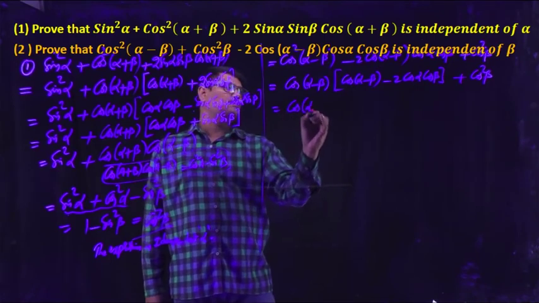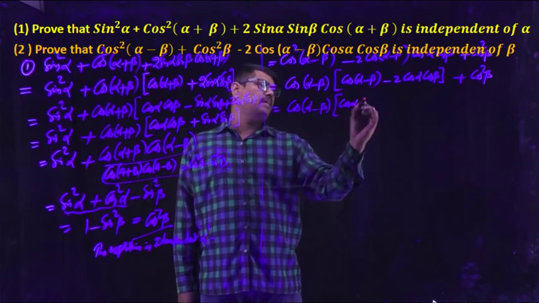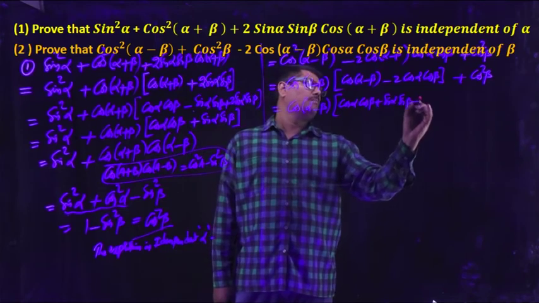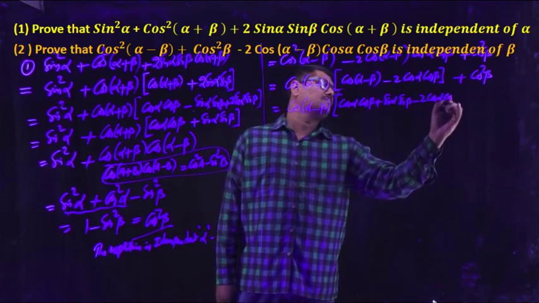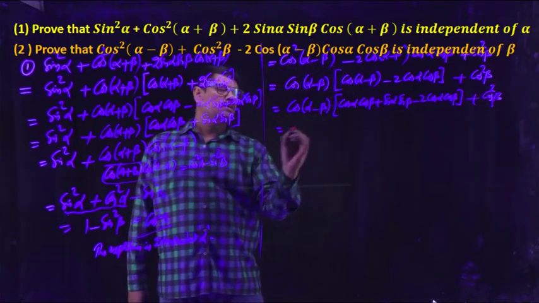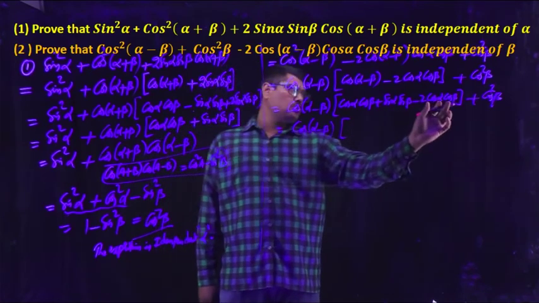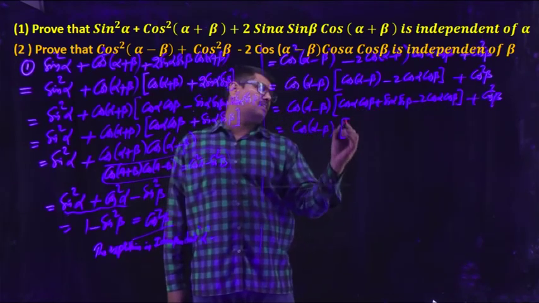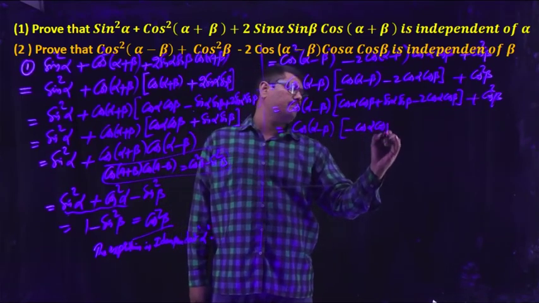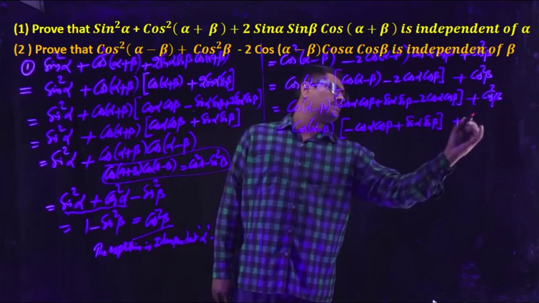Cos alpha minus beta into, again write the formula for cos alpha minus beta here, which is cos alpha cos beta plus sin alpha sin beta minus 2 cos alpha cos beta, plus cos square beta. Cos alpha minus beta, here minus 2 cos alpha cos beta plus cos alpha cos beta. Doing the calculation, you will get minus cos alpha cos beta plus sin alpha sin beta plus cos square beta.